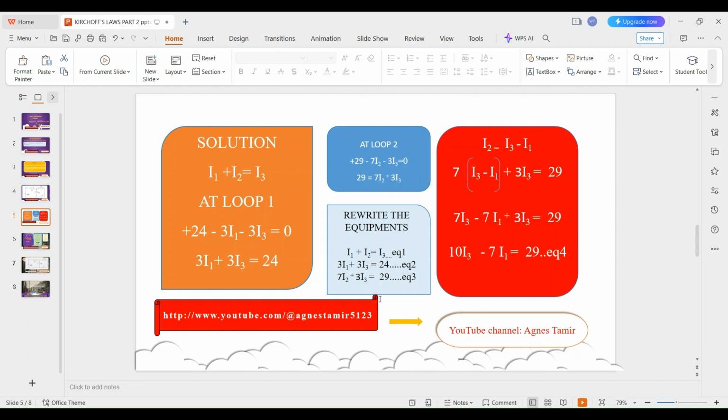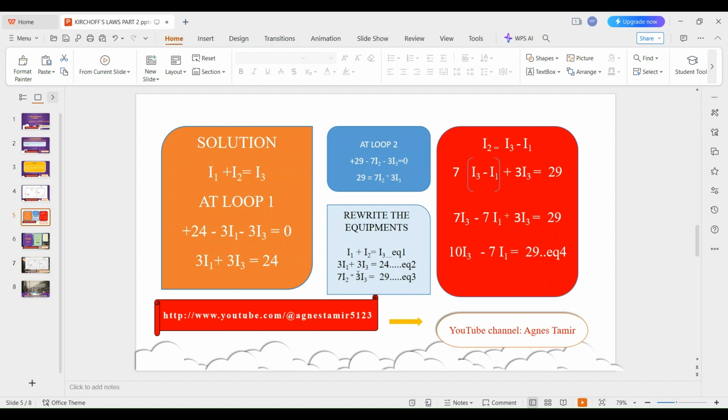Let me repeat that. So using equation 2, this is our equation 2. We have seen that I1 is equal to 3, so we shall have 3 multiplied by 3, close the bracket, plus we have I3, we have seen is 5, so we shall have 3 multiplied by 5, close the bracket, then it's equal. I'm getting 24.